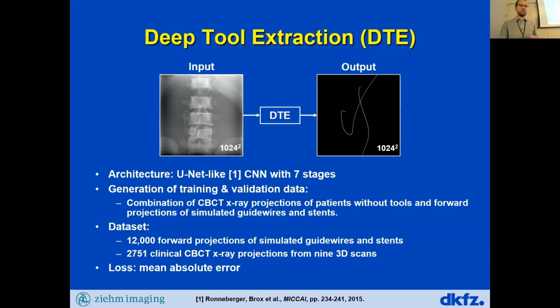So a few words on the first part of the pipeline, the deep tool extraction. As I said, the input is an X-ray projection, and the target is in this case the line integral of the attenuation coefficient of the tools contained in the input projection. And we implemented here the deep tool extraction as a unit-like CNN with 7 resolution stages.